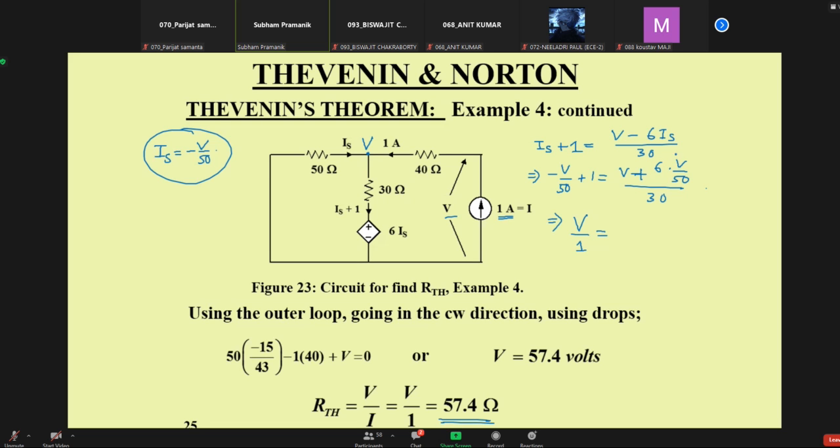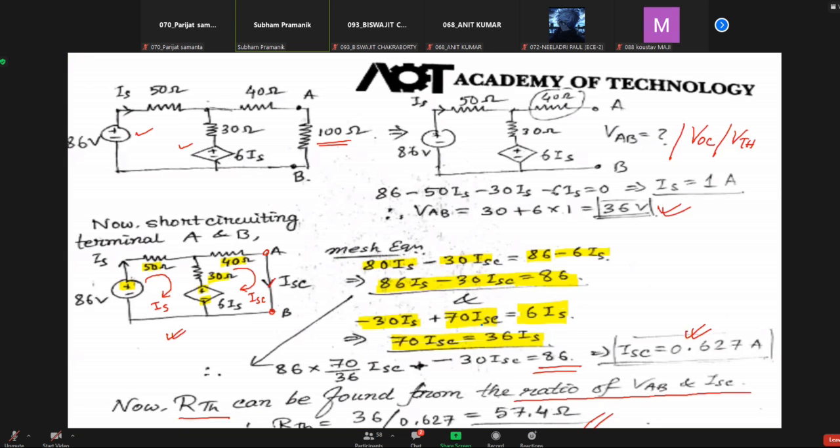I am leaving this calculation to you, I am not doing it further. You can check whether this equals that or not. 57.4. See, the other method that we tried before also gave us the same result, 57.4.